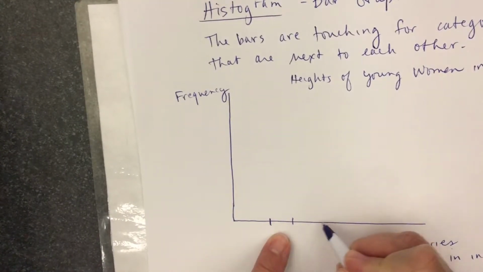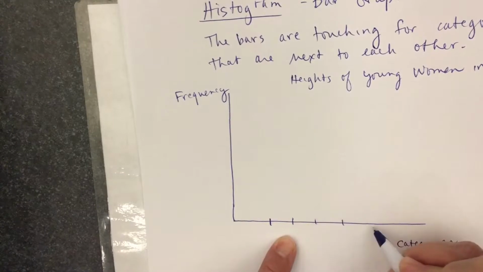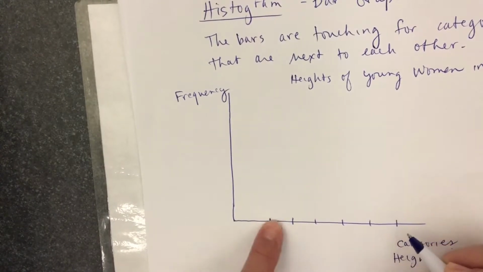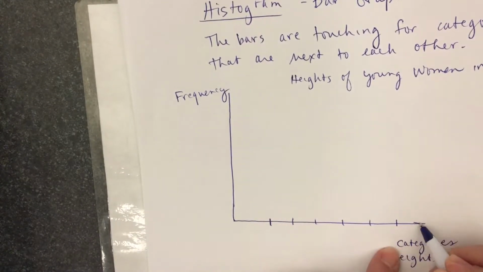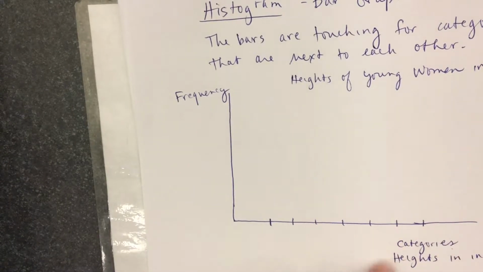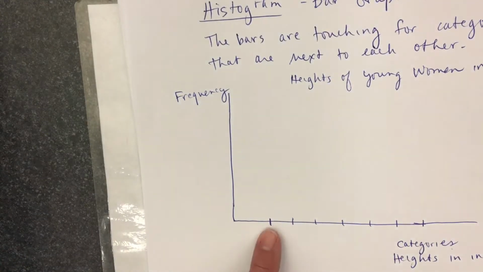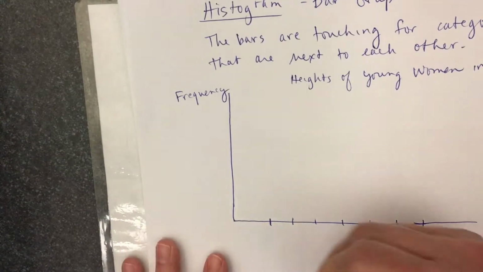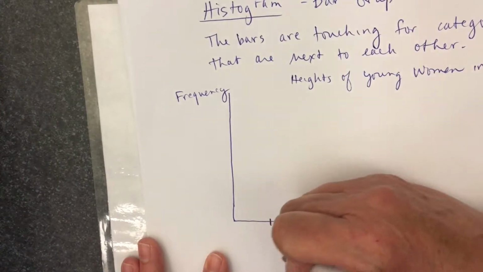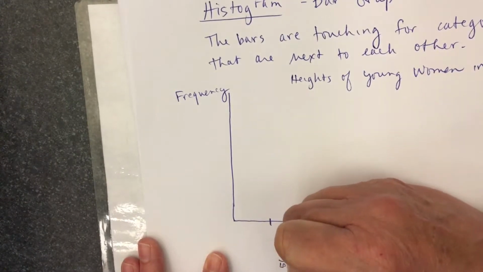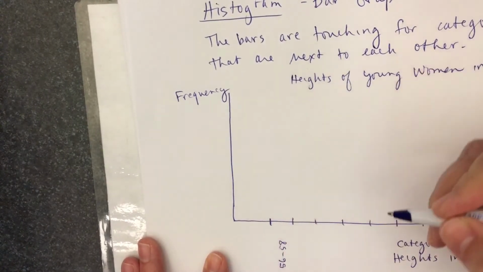I have 6 categories. I'm going to need 6 bars. The first category is 56 to 58. I could write at this tick mark 56, at the next one 59, and so on. Or maybe I could just write horizontally 56 to 58.